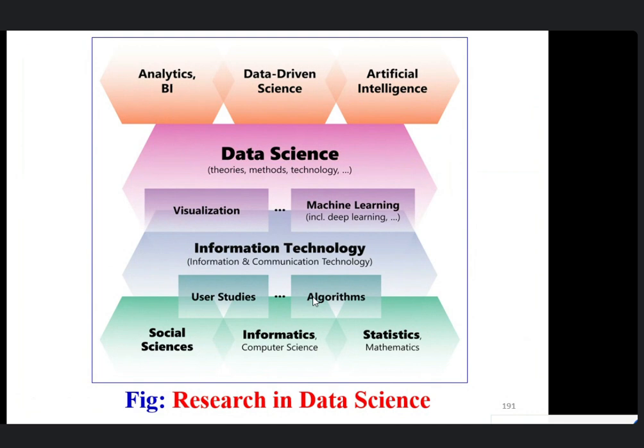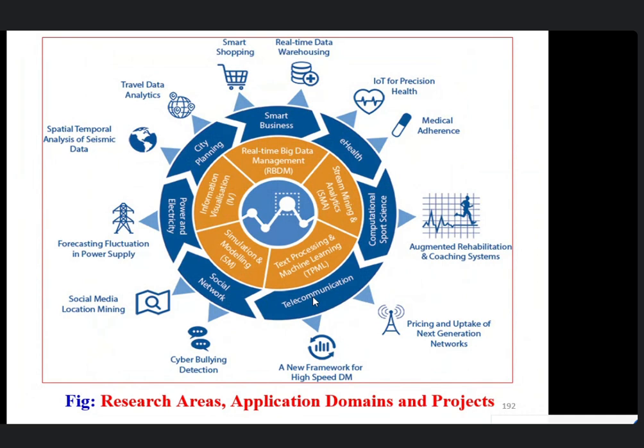Information technology is the application of science, like information and communication technology. We have user studies and algorithms like social sciences, informatics, computer science, statistics, mathematics, etc. So this is the complete diagram of research areas, application domains, and projects.